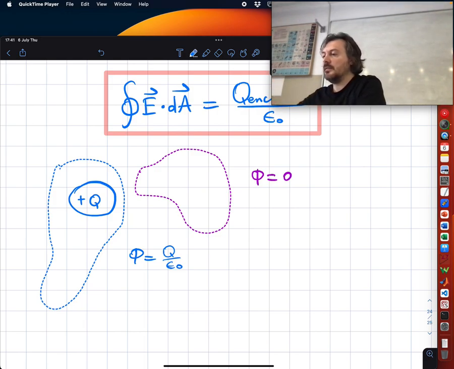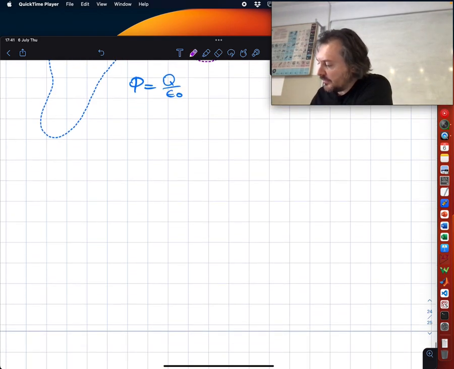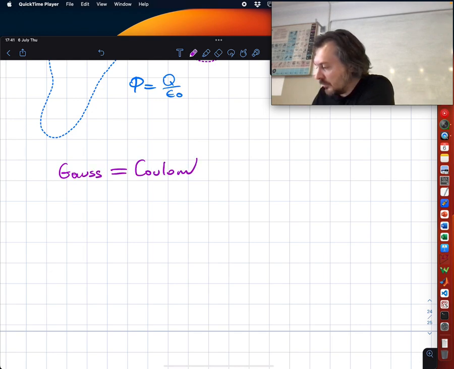Now let's show that Gauss equals Coulomb. Okay? Why is that?